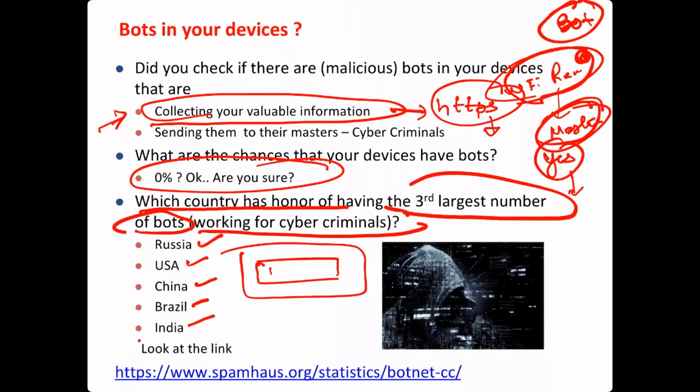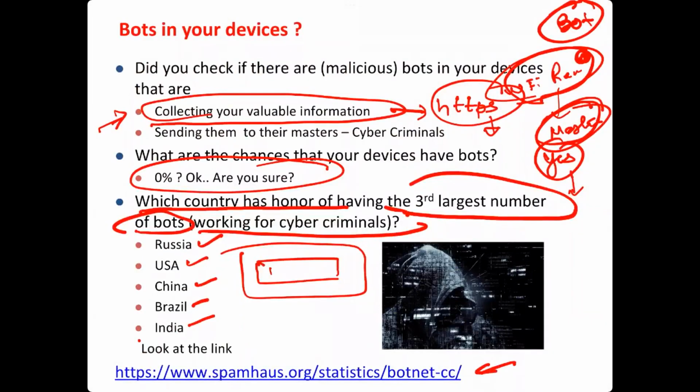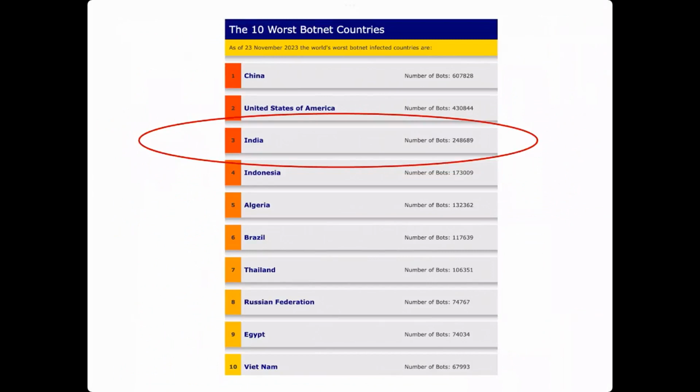Yeah, any guess? This country had the honor of being the largest some time back, and these statistics keep changing. So look at this, and you can get this report if you click on this link. In this botnet countries report, China is first, USA is second, India is third.